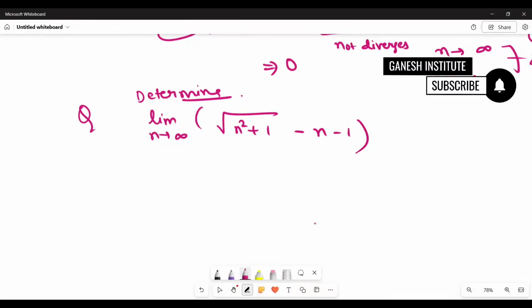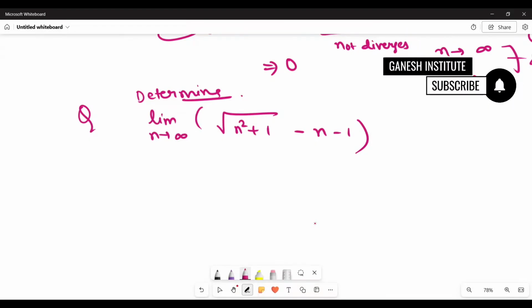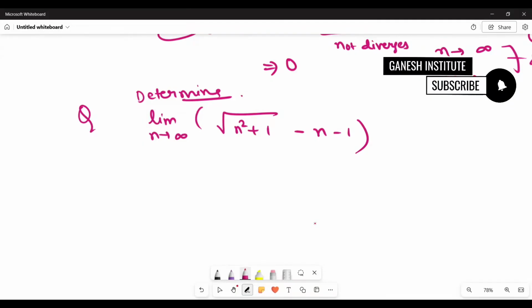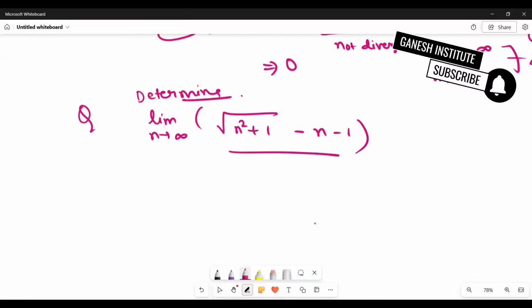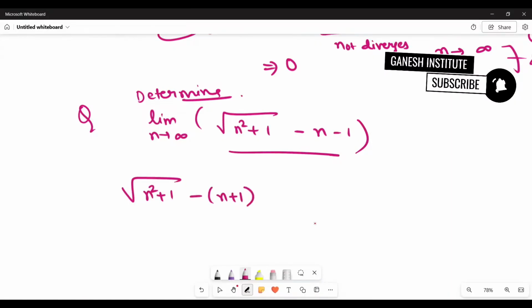You can just multiply and divide with n squared minus 1 and all of that in a square root, right? If you take this out common, so let's separate this. This is actually this, right?